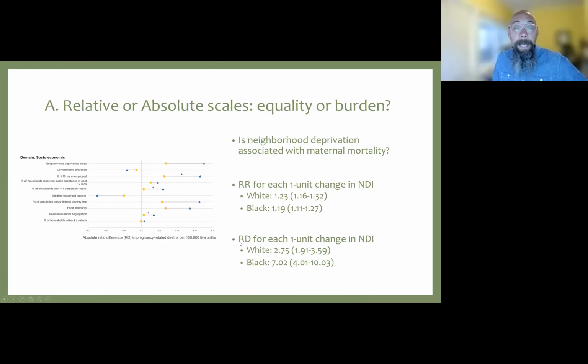But when we looked at the absolute scale, the actual burden of how many additional deaths would occur for each increase in neighborhood deprivation was substantially larger for Black women. And that's because the baseline rate was high. So again, the choice depends on the context. And we could inadvertently have said, oh, it looks like NDI is not that important for Black women, when in fact it's incredibly important.